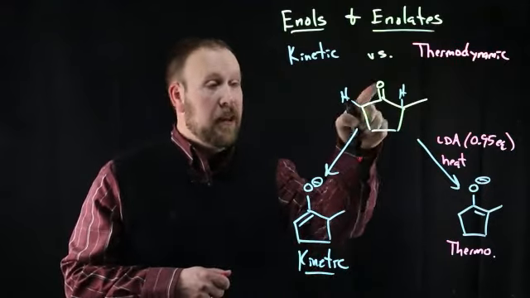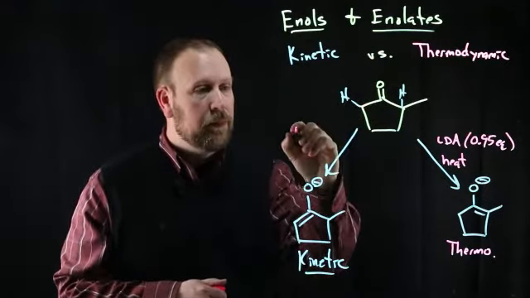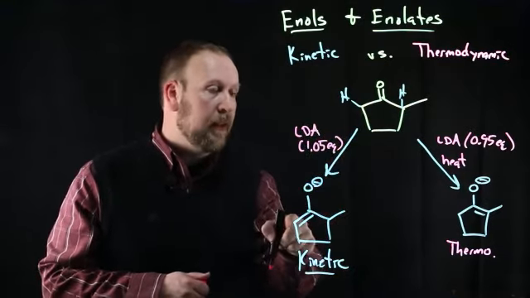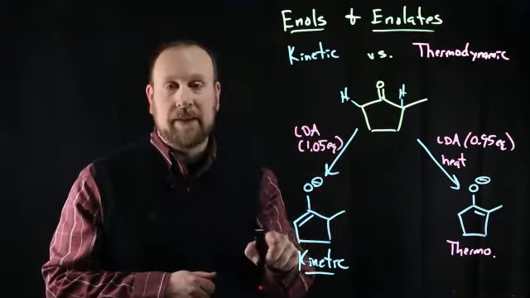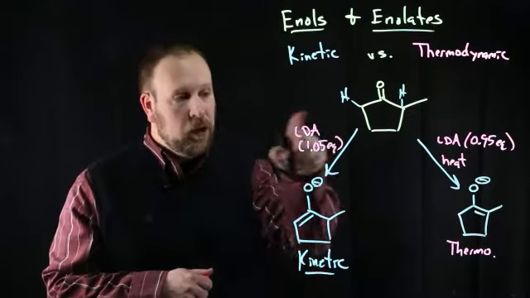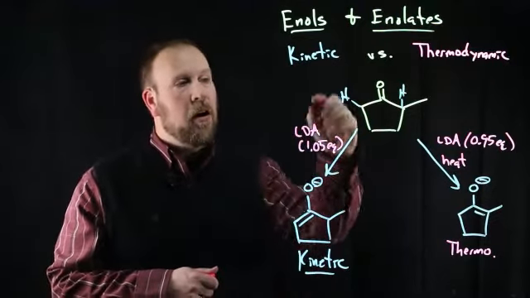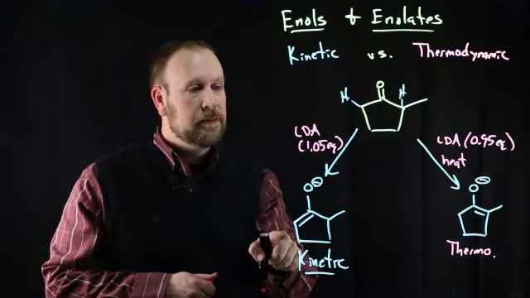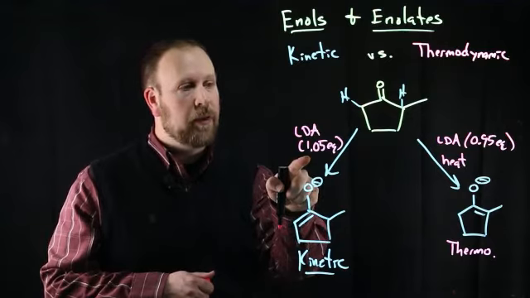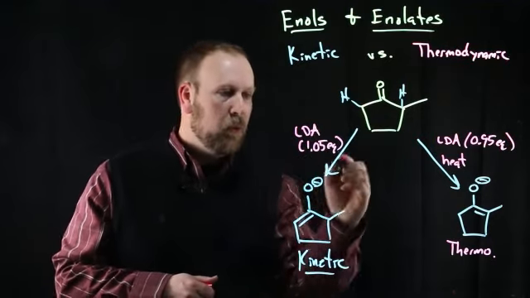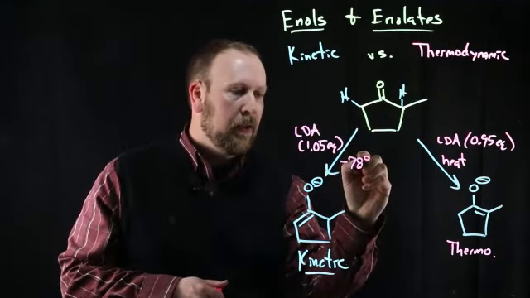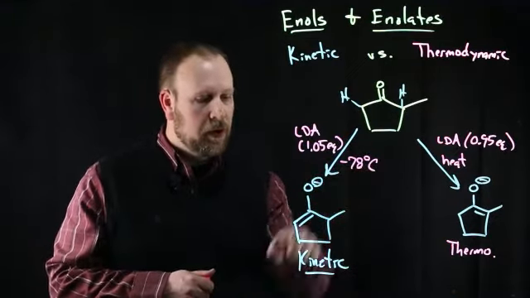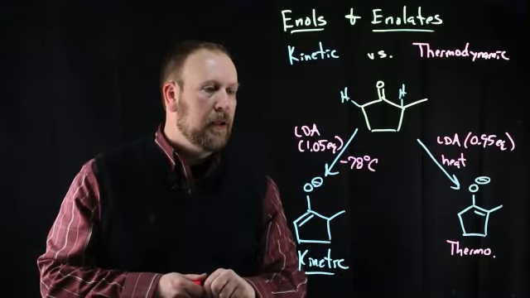So actually, the first enolate that we would form is this enolate. Kinetically, this is going to be the fastest enolate for us to form. If we use more than one equivalent, all of this is going to be funneled into this less substituted enolate. That's why we have just over one equivalent of our LDA. The other thing that we're typically going to see is that this is run at very cold temperatures. So most people associate that cold temperature with our kinetic conditions.